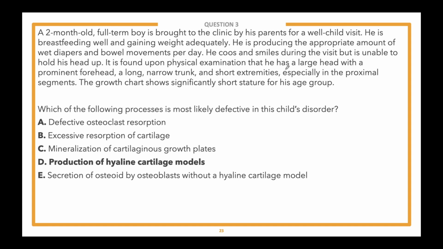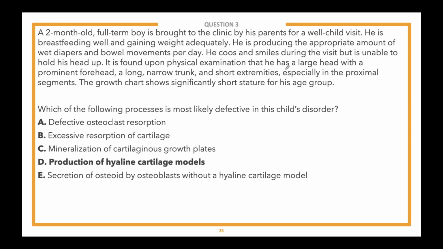And let's talk about the other answer choices and why those are incorrect. Answer choice E is specific to intramembranous ossification, where you do have bone formation, but it's without a hyaline cartilage model. So that is not consistent with endochondral ossification, and that would not be defective in achondroplasia.